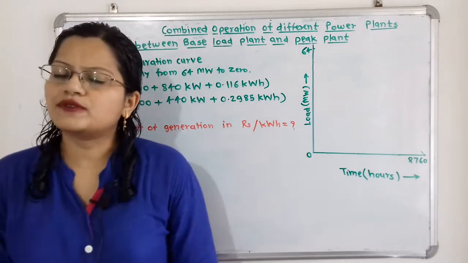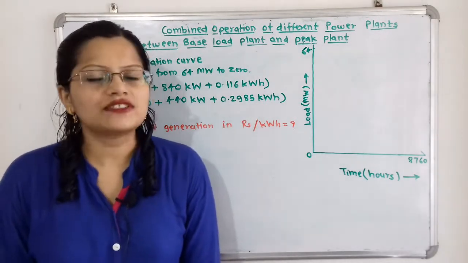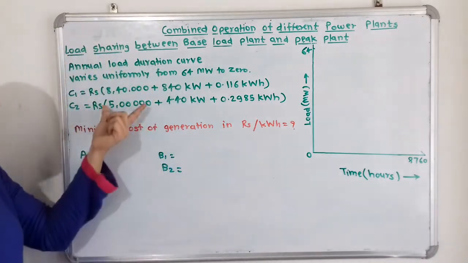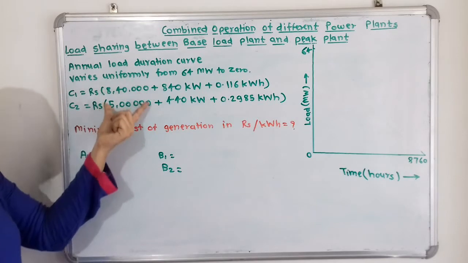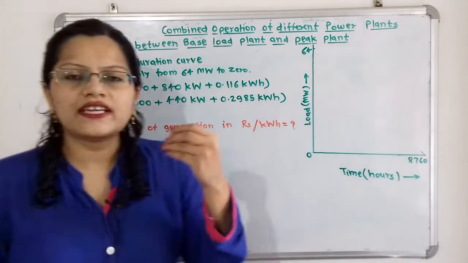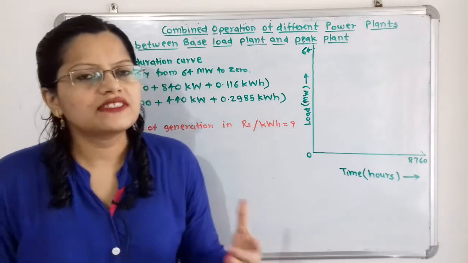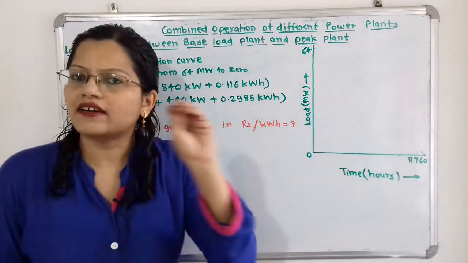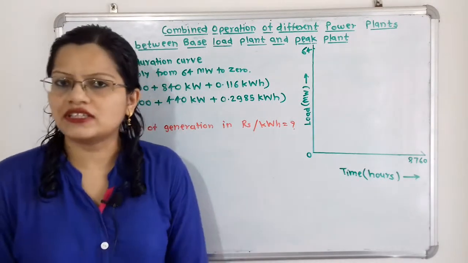Now if we observe these costs, then these costs are divided into three parts. First part is the fixed part, that is here some fixed amount is given. Then the second part is for the installed capacity. This installed capacity cost is for a year, and that is also mentioned in the question.